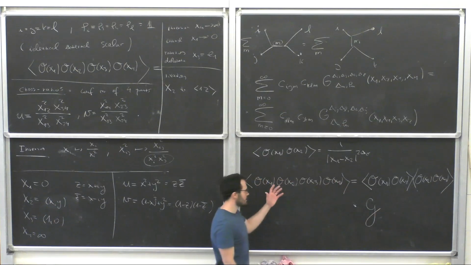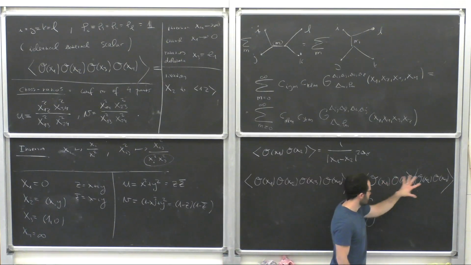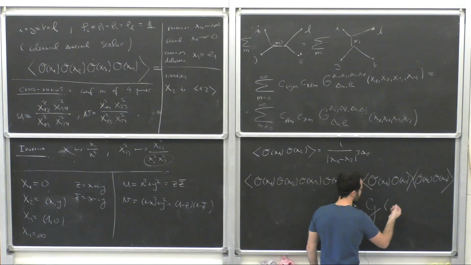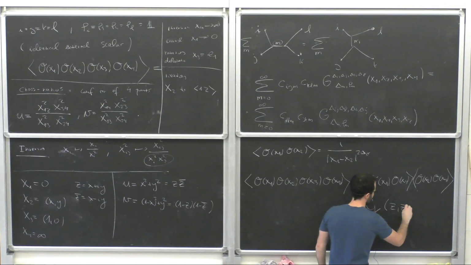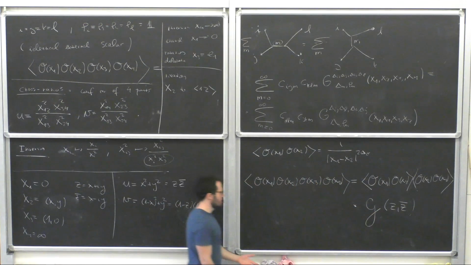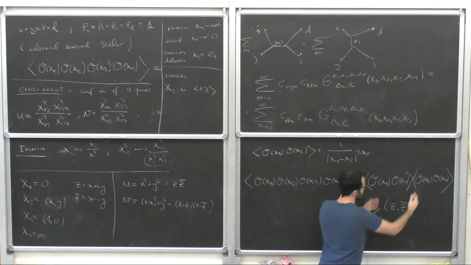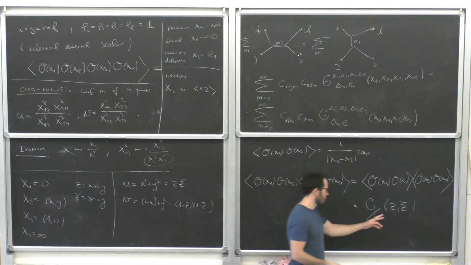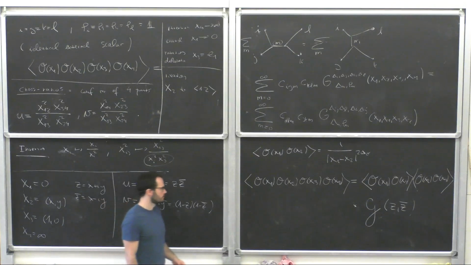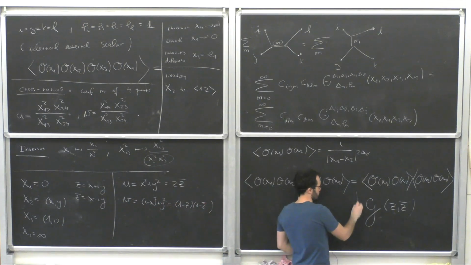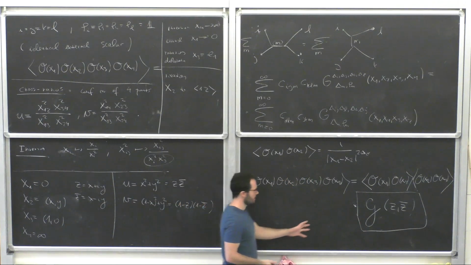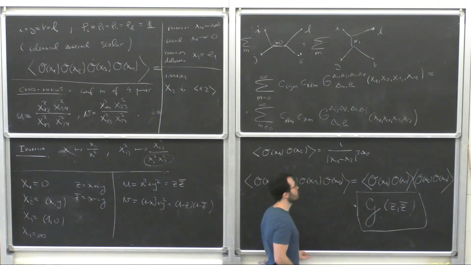So the four-point function necessarily looks like that, times a function which is invariant. So it's a function of only u and v, or if you wish, z and z bar. In other words, the ratio of the four-point function and two-point functions is conformal invariant, and therefore it's a function only of the conformal cross ratios, z and z bar. So in the rest of the lecture, we can just consider this function of two variables.